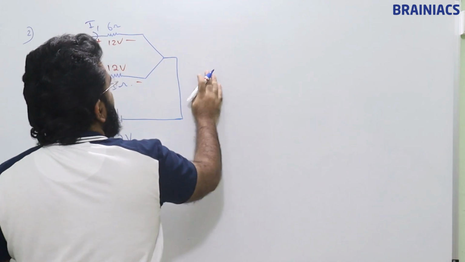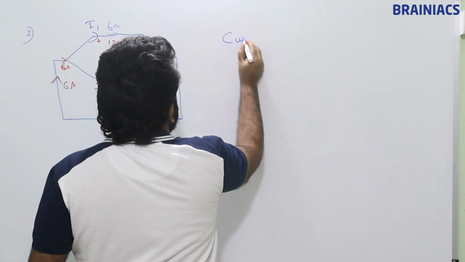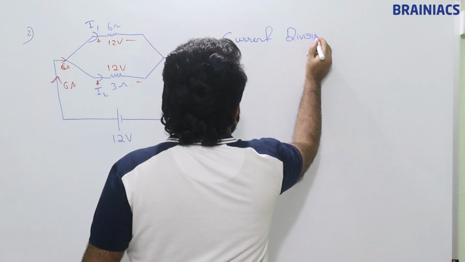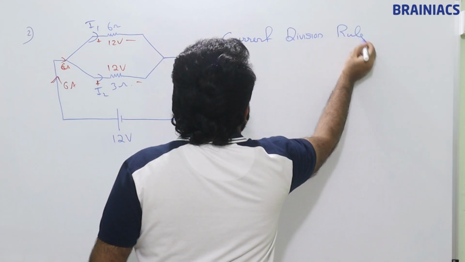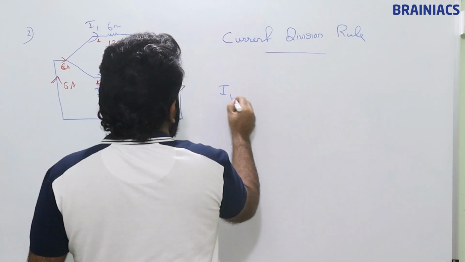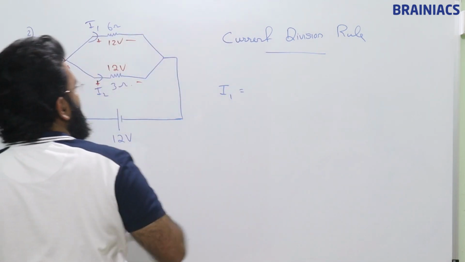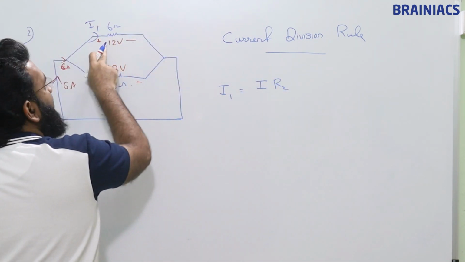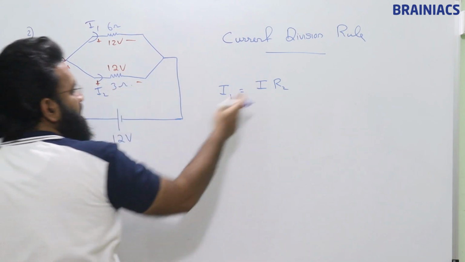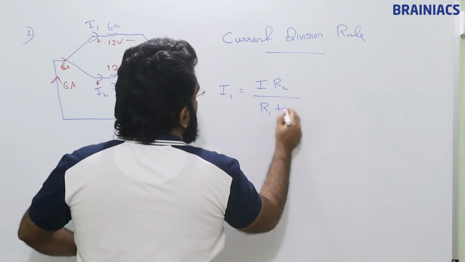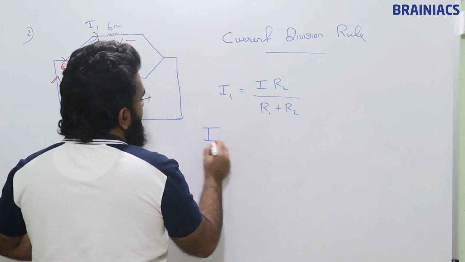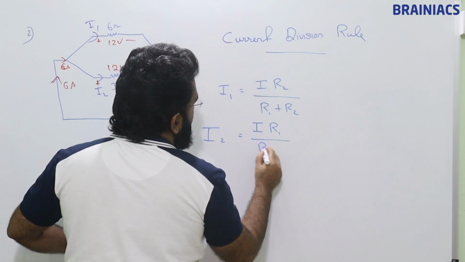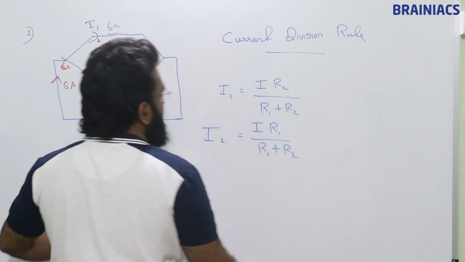If 2 branches are there, that is the current division rule. If we know the current I, then I1 is equal to I into R2 divided by R1 plus R2, and I2 is equal to I into R1 divided by R1 plus R2.